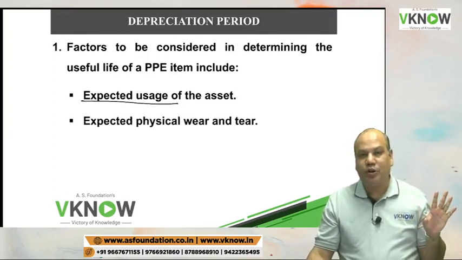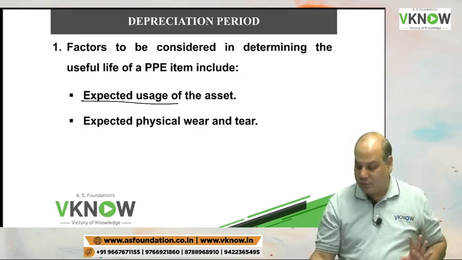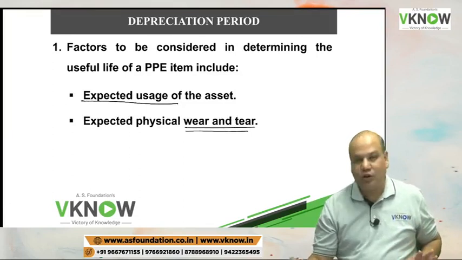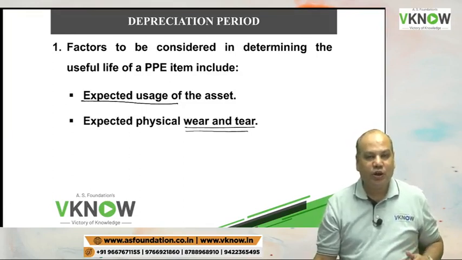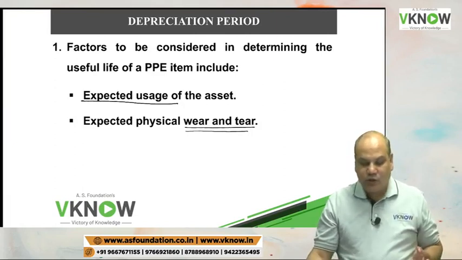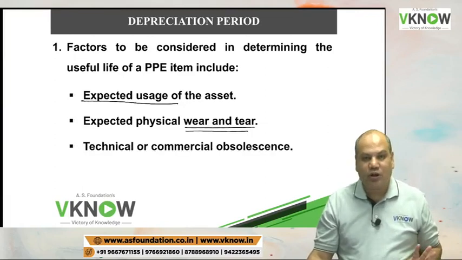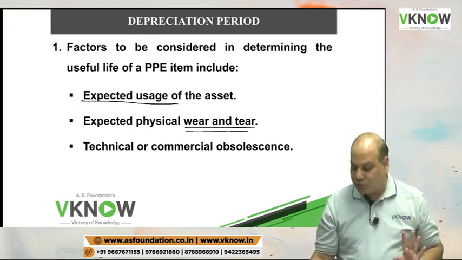A tour operator 12 to 16 hours per day, 365 days. So wear and tear is also an important factor. In case of tour operator, the car will have more wear and tear, whereas in case of doctor, he will maintain the car properly. So doctor can assume a longer useful life as compared to a tour operator.